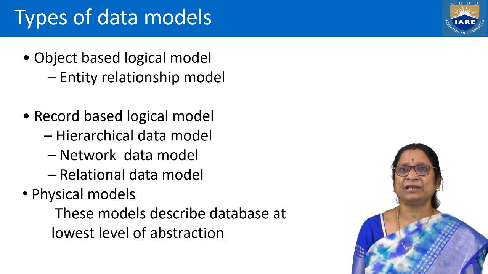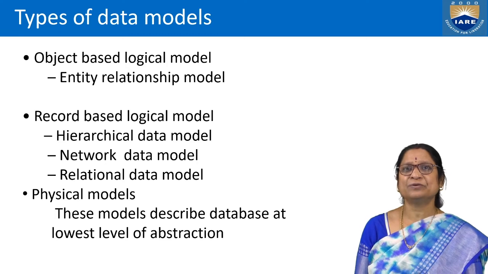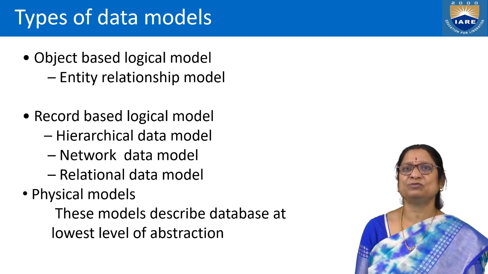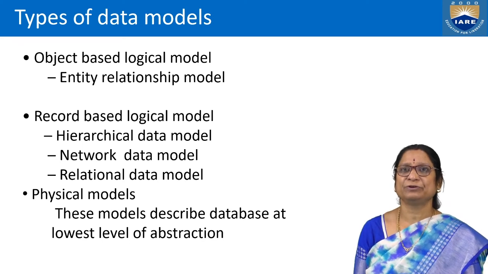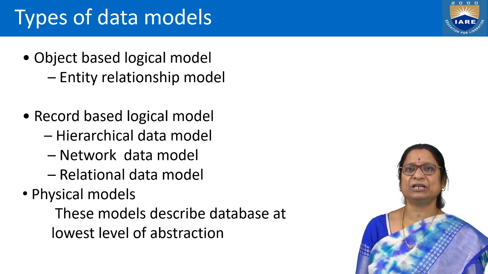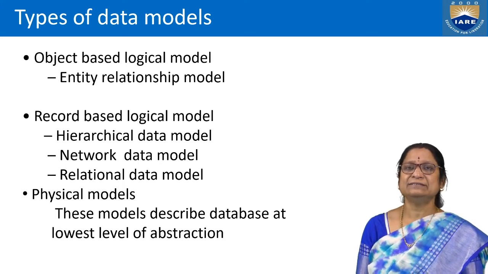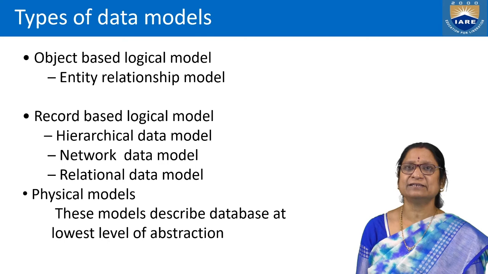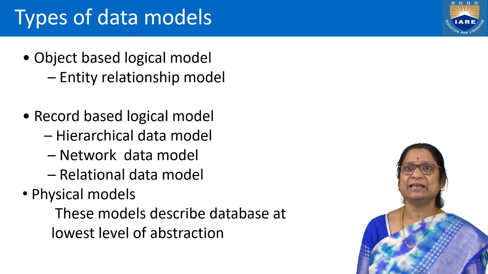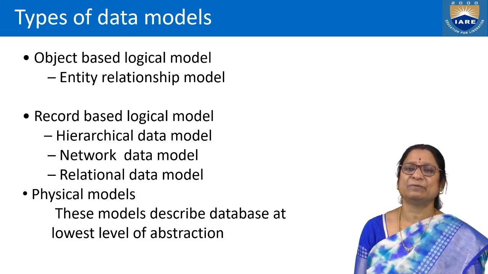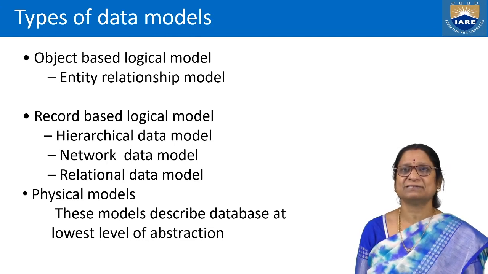As a scenario, when we are writing a program, before writing it you will first write an algorithm or draw a flow chart, then you will write the program, which makes the program more efficient, because logic is developed first on paper and the program implementation is on the system. Similarly, whenever a database is designed, it is first designed as a logical model, then implemented on the system through physical models. So basically the categorization is logical data models and physical data models. Both are required for implementation of the database.